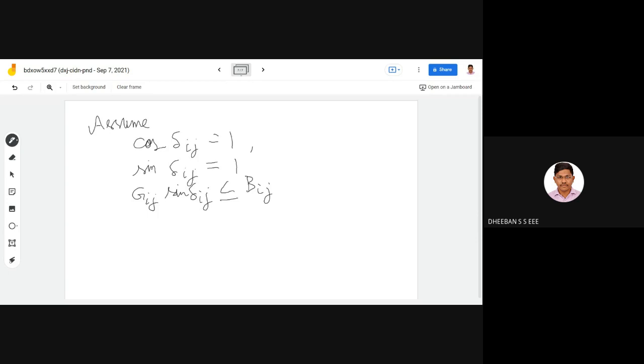So after those assumptions, how your diagonal and off diagonal elements change, it changes in this fashion.